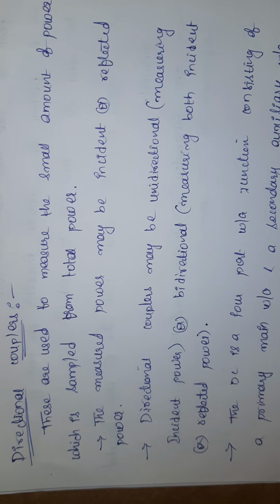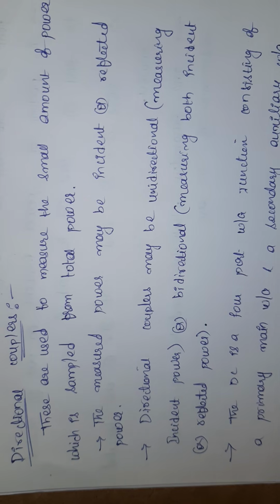What is the use of a directional coupler? Microwave junctions are used to add microwave energy or to separate microwave energy from one port to another port. Like that, directional couplers are used to measure microwave energy.